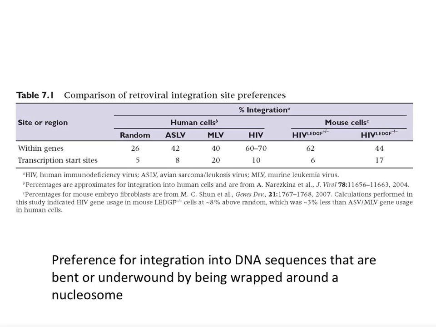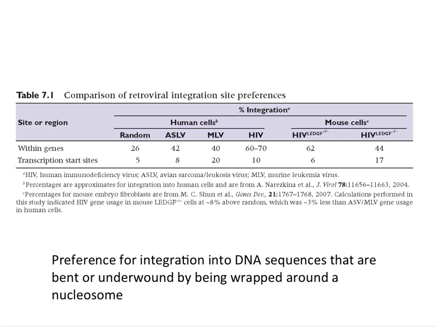And you can see that this retrovirus, for example, has almost a twofold increase in integration within genes compared to random. So there's some preference for integrating within genes. And you can see it's about the same for transcription start sites as random. So there doesn't seem to be any particular preference of this one. But look, the mouse leukemia virus, it certainly has a preference over randomness of transcription start sites.